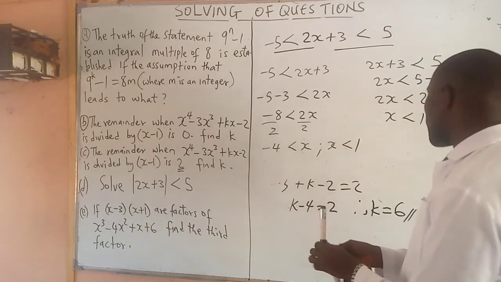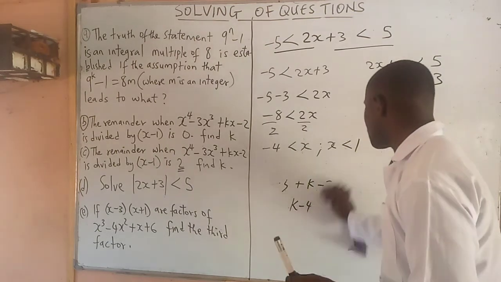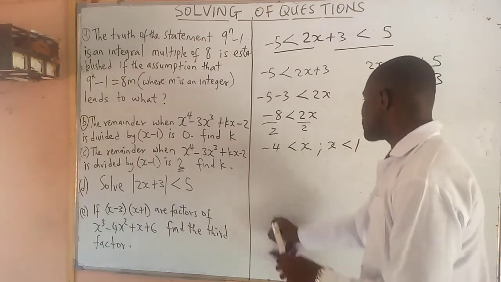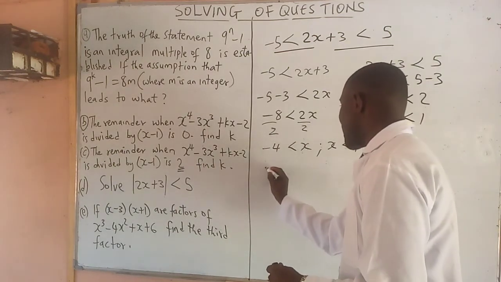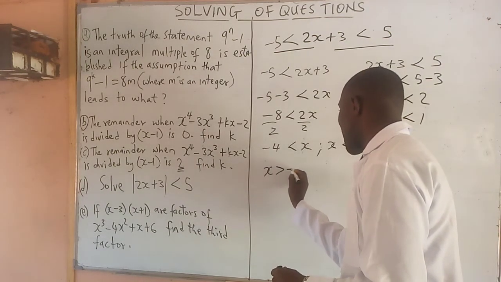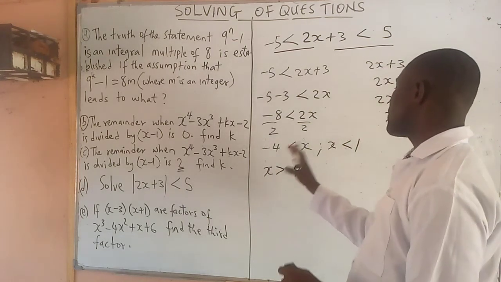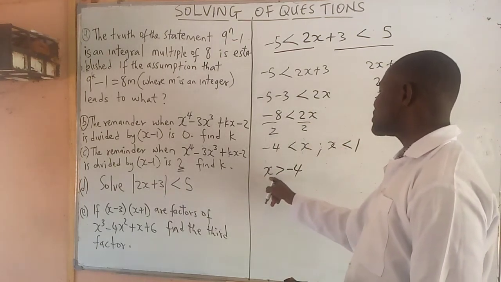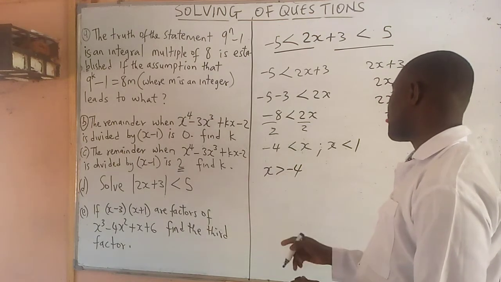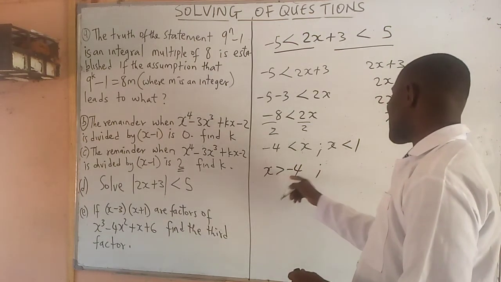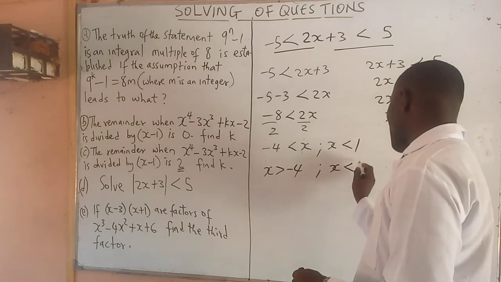Now, if minus 4 is less than x, what does it mean? It means that x is greater than minus 4. Once minus 4 is less than x, another way of putting it is that x is greater than minus 4. So, x is greater than minus 4 and x is less than 1.